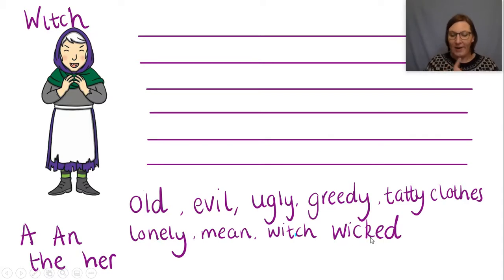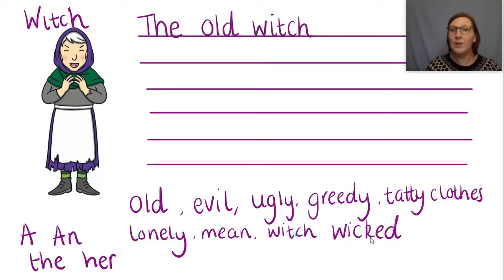Okay, right then, my first noun phrase, not sentence, sorry. My expanded noun phrase: the old witch. Old is my adjective. Witch is my noun. The is my determiner. Now I think I want to use two adjectives on this one.